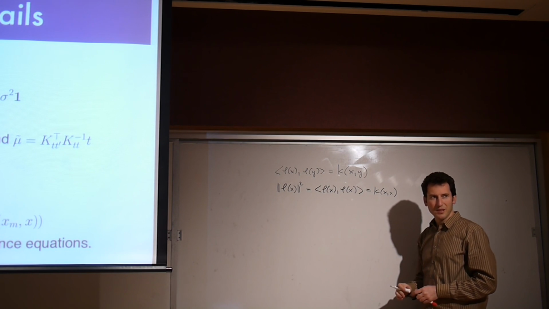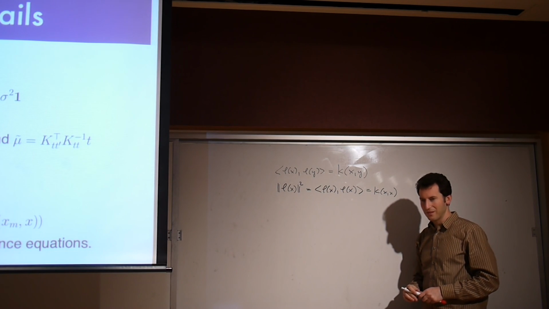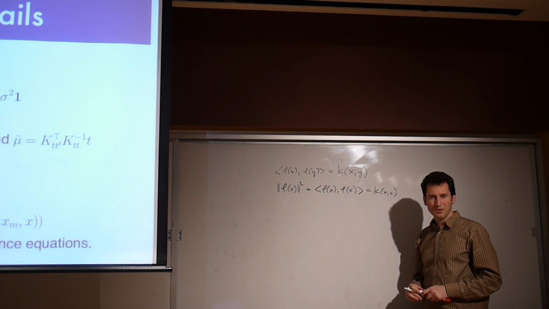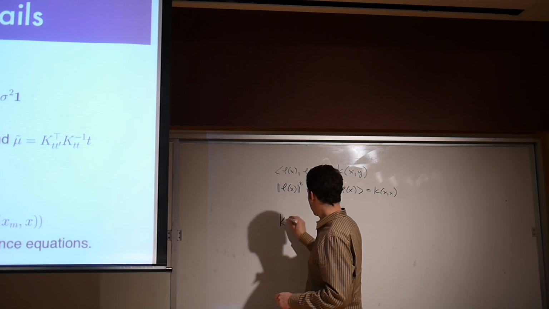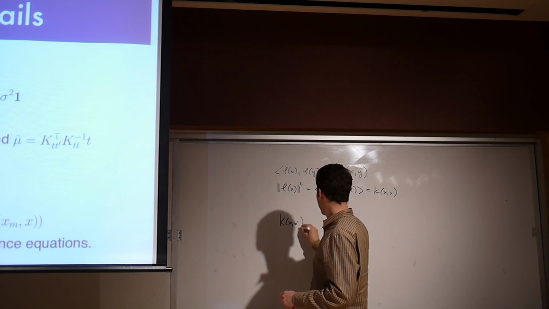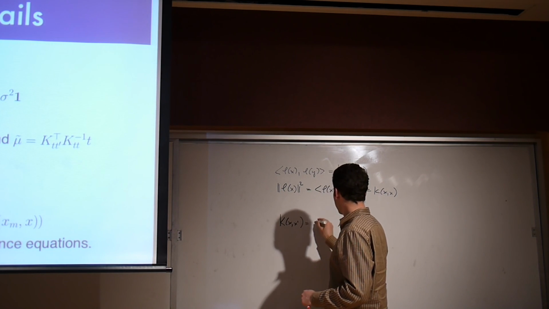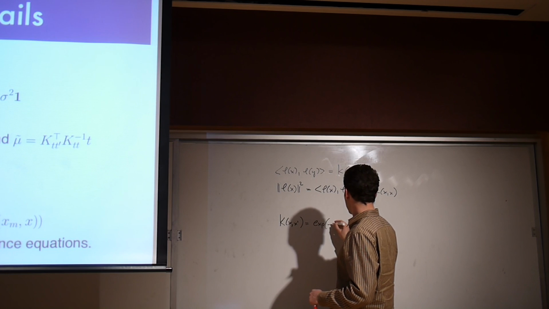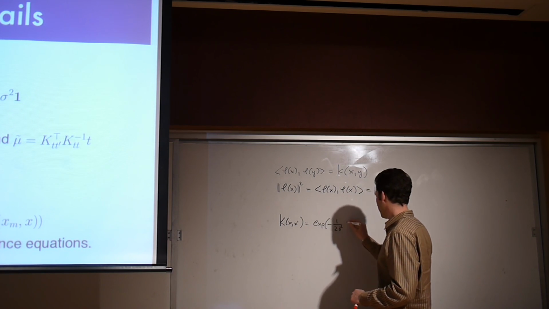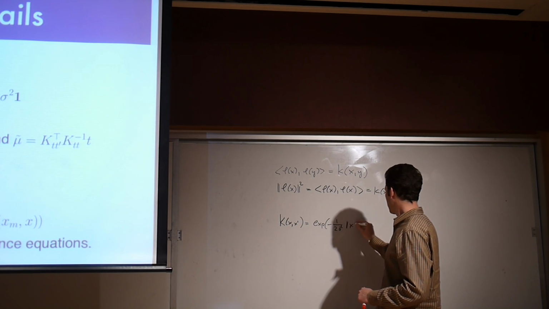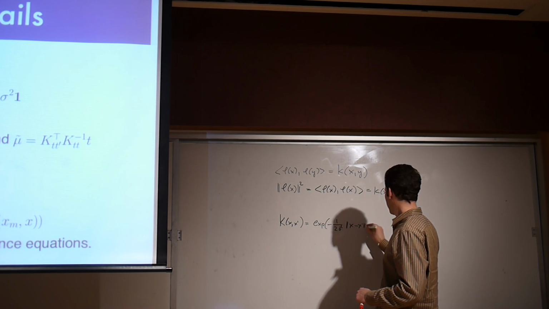Now here's a really bizarre instance of this. If we have a Gaussian RBF kernel, and our kernel looks as follows: k of x and x prime is e to the minus 1 over 2 sigma squared or whatever, norm of x minus x prime squared.